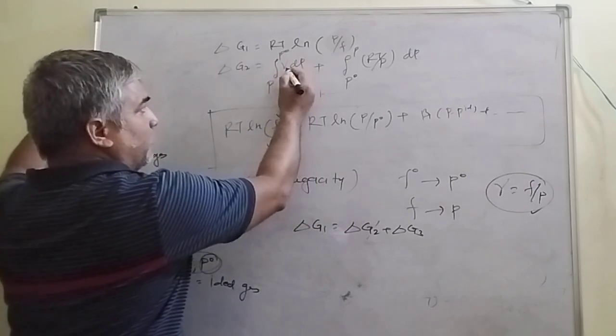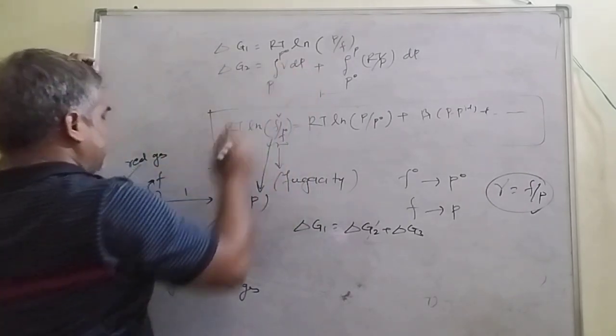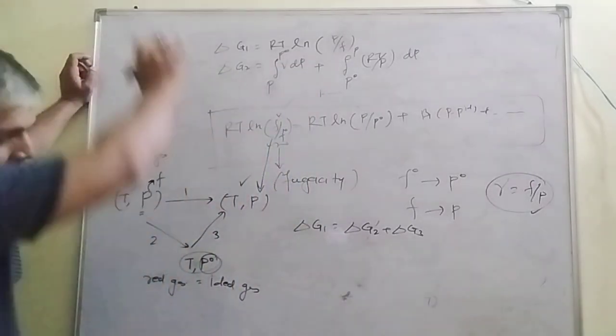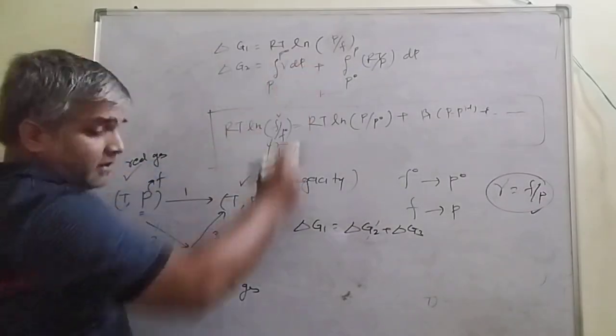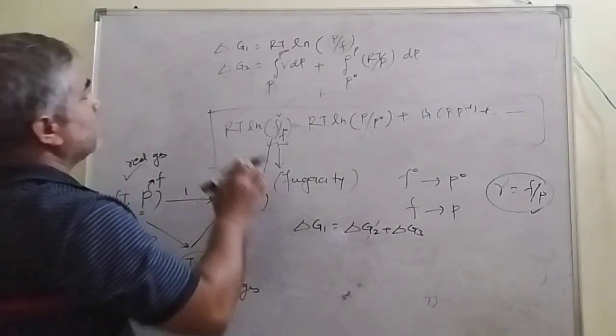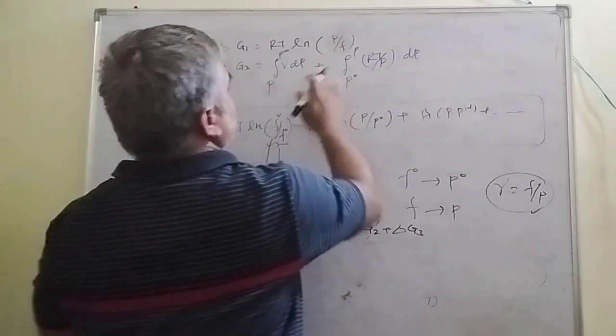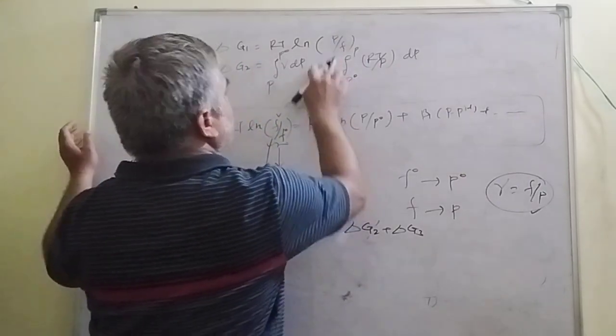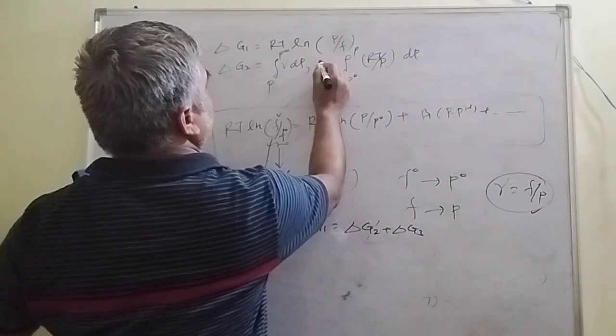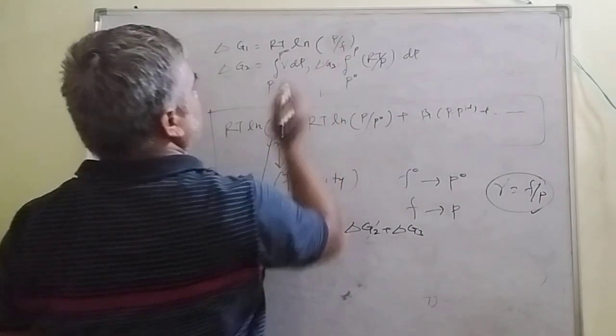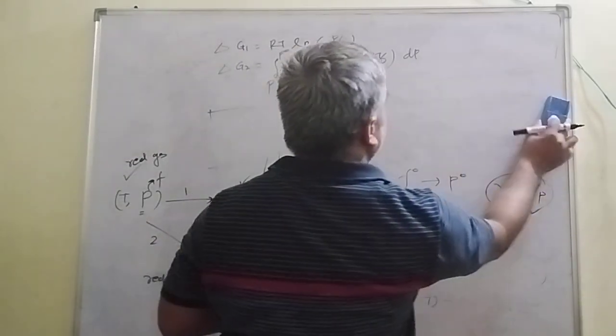Why can I not write V as RT by P in the first integral? Because this path is for real gas. Solving these integrals gives delta G2 and delta G3.